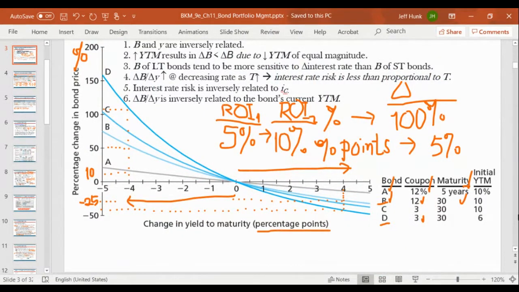Between change in interest rate and change in bond price, right? Remember this, and you see, this curve is like a demand curve, isn't it? Because this is showing you the sensitivity between the change in interest rate and change in bond price. So it's exactly like a demand curve.